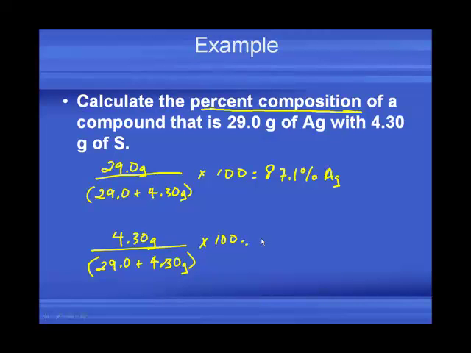Or you can recognize that all percentages have to total 100. So all your parts must total 100, and you should still get the same answer, maybe a slight variation due to rounding, but we get 12.9% sulfur. So that's all percent composition is.